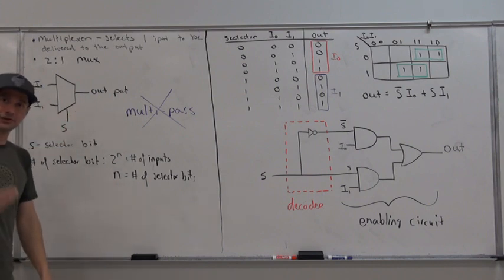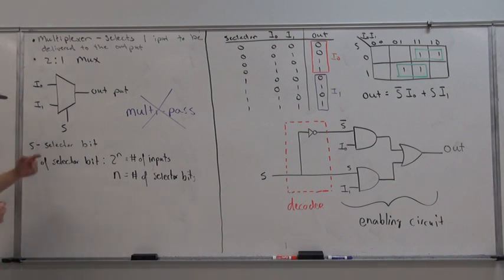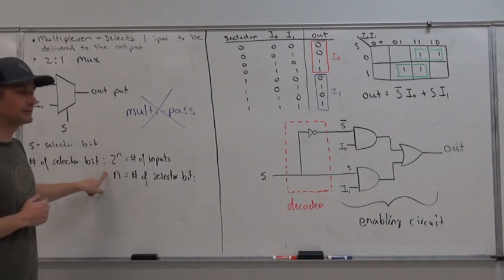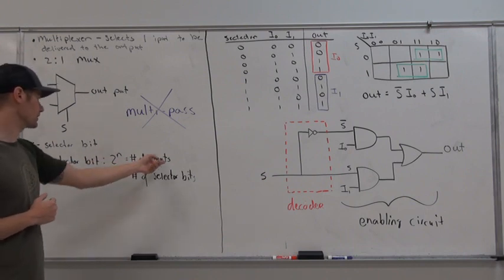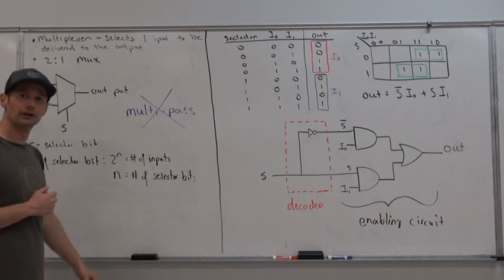So how do we start off with the design? Number one, we start with the selector bit itself and determine how many selector bits we need to design this system. The number of selector bits is generally of the form 2 to the n, which equals the number of inputs.